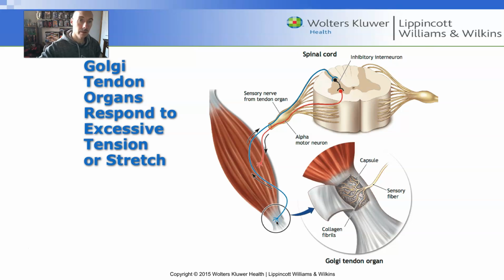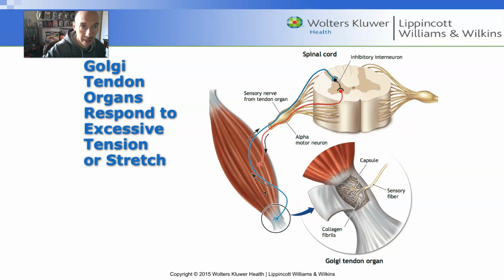Now, some think that one reason why people who are not well trained with strength training cannot produce a lot of force is because they have a very strong inhibition from their Golgi tendon organs, right?